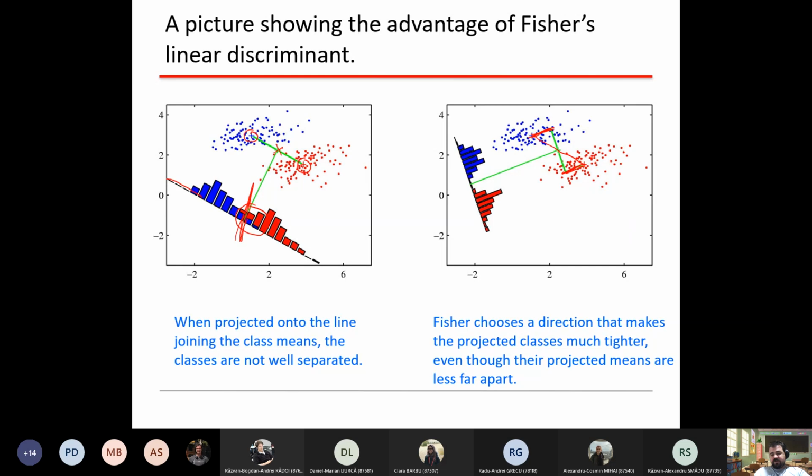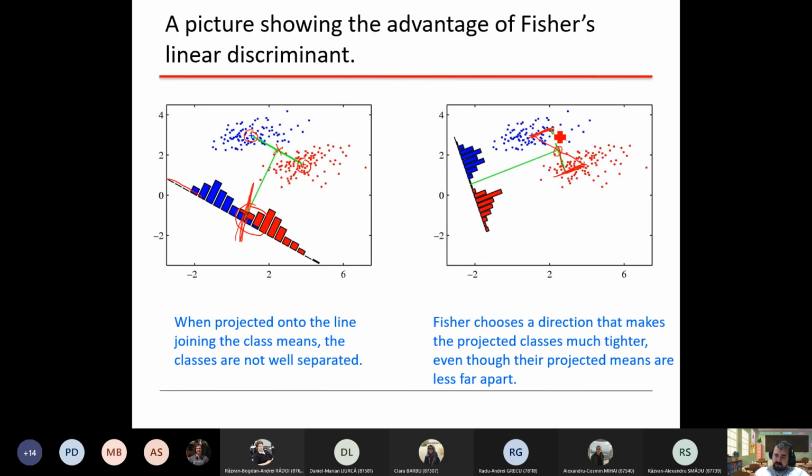Again, in this figure we show a simplified example where the two classes come from the same covariance matrix, and therefore they have the same axis of variation within class. And once we have this, we take the perpendicular to it, and then we intersect it with the line joining the means, and this point will give me the separator between the classes.